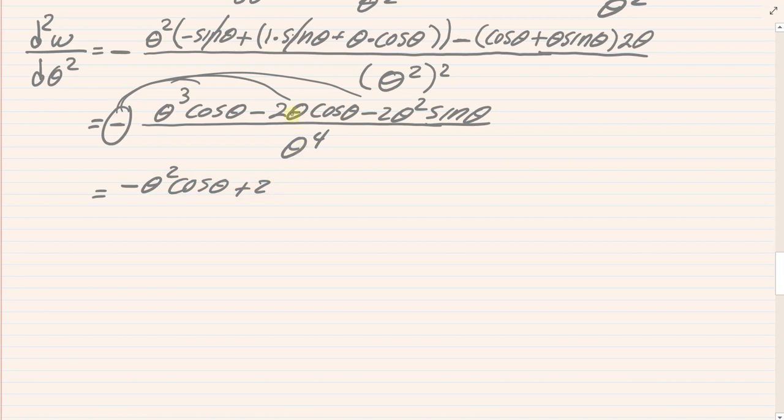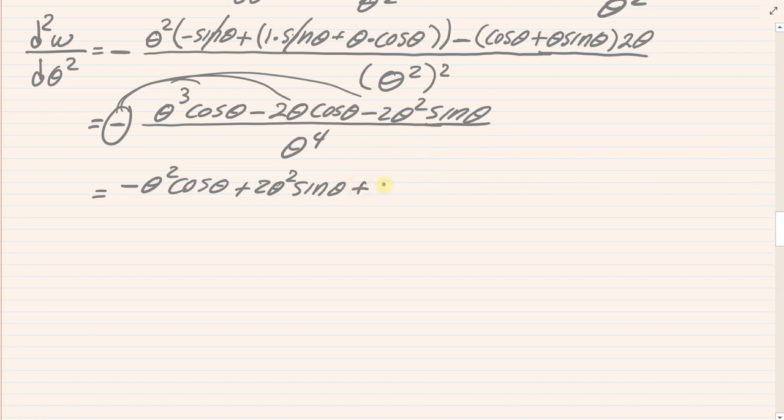The theta is going to cross out, right? Oh, let's see. 2 theta times cosine theta is 2 theta cosine theta. Yeah, that looks good. Okay, and then let me write this one first. 2 theta squared sine theta. I'm trying to keep it in decreasing order of thetas.